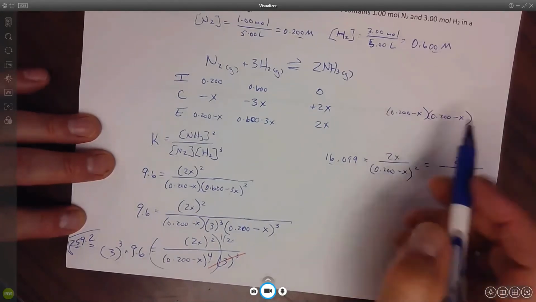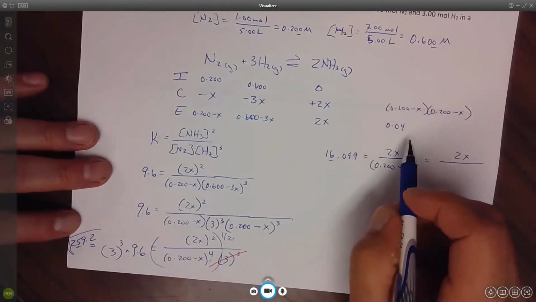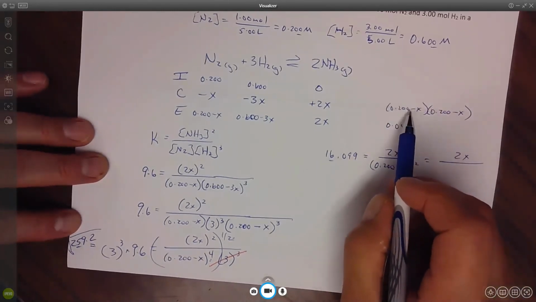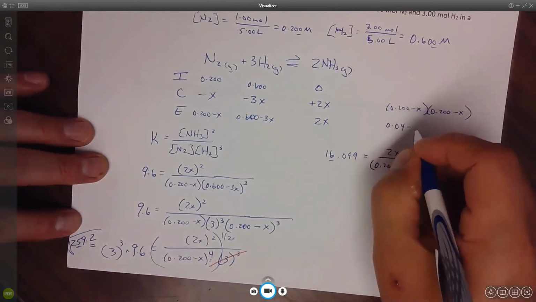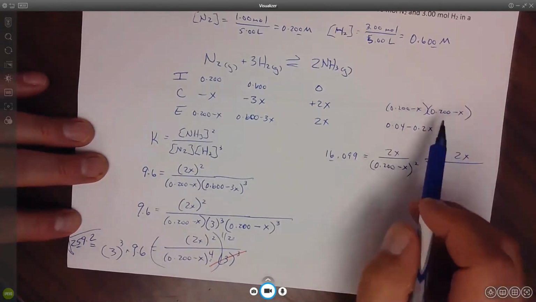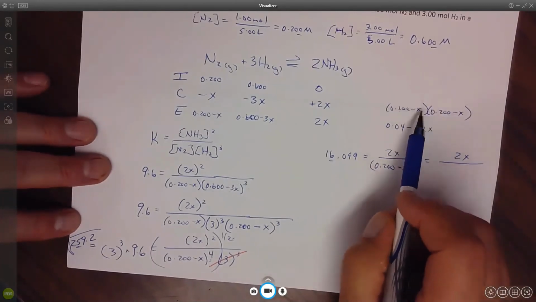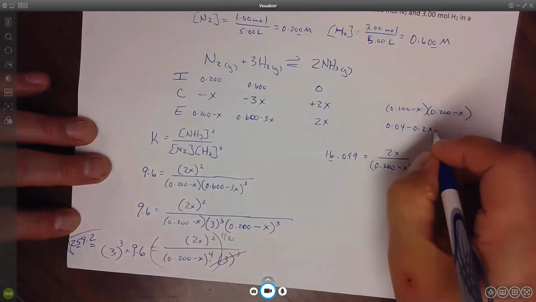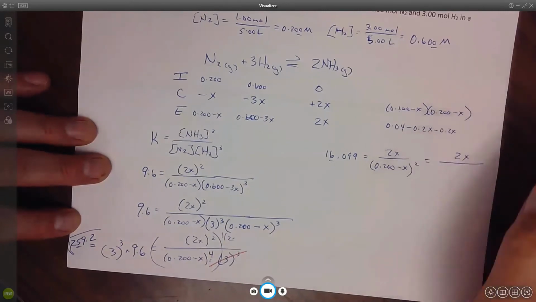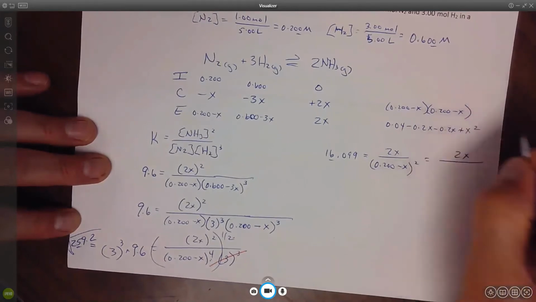So 0.2 times 0.2 is going to be 0.04. Then I have the 0.2 times negative x, so that's going to be negative 0.2x. Then I have this times this, which again is going to be negative 0.2x. Then I have negative x times negative x, which is going to be x squared.